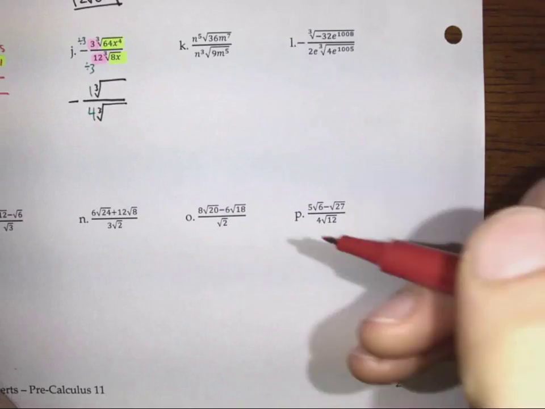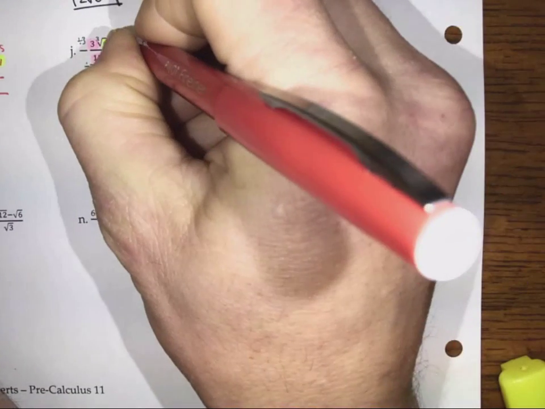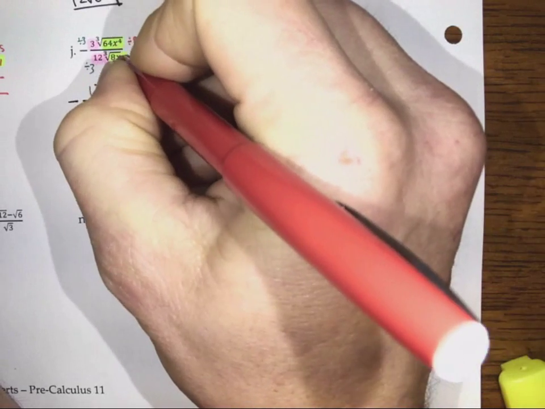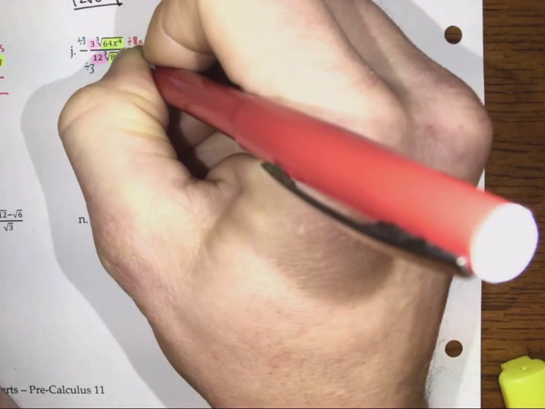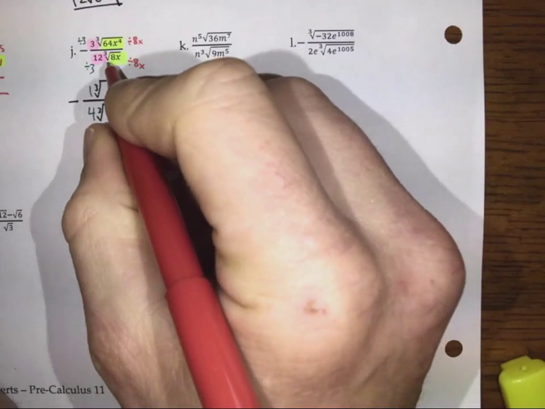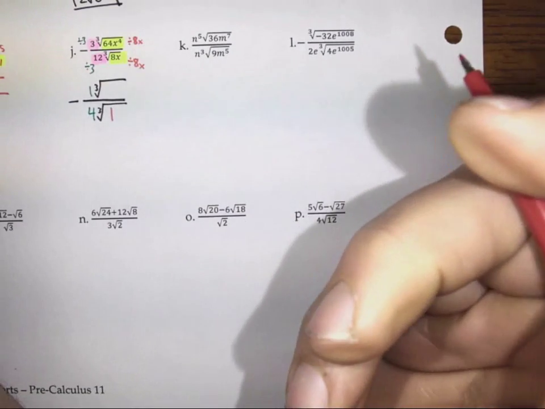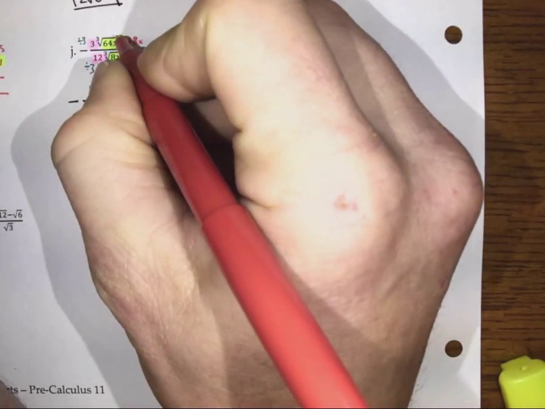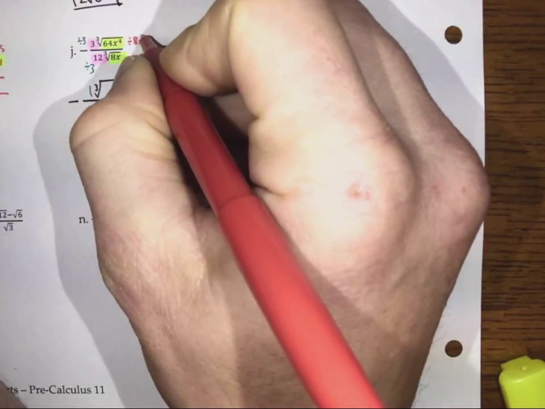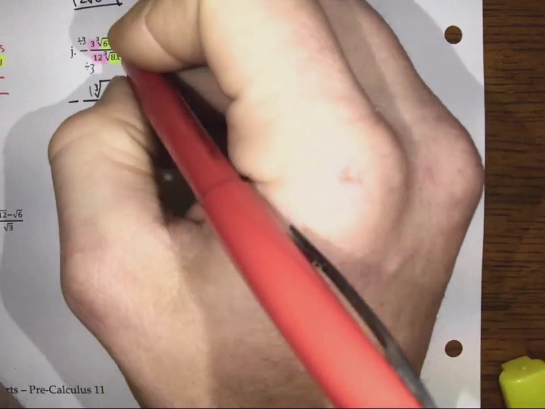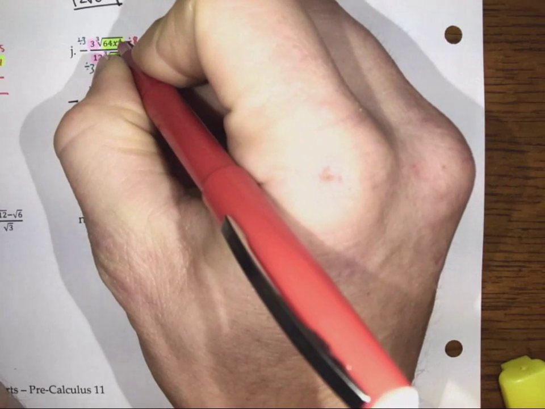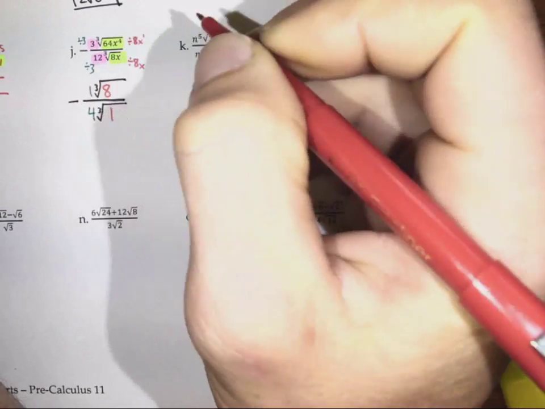Now, what can I divide these guys by? Well, 64 and 8 means I can divide them both by 8, but I can see they both have x's in them too, so I can at least divide them all by an x. And when I do that, on the bottom I just really get a cube root of 1 again. But here, when I divide 64x raised to an exponent of 4 by 8x to the power 1, well, 64 divided by 8 is 8, and x raised to a power 4 divided by x raised to a power 1, we subtract those exponents.